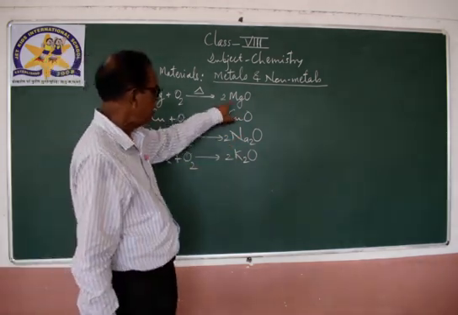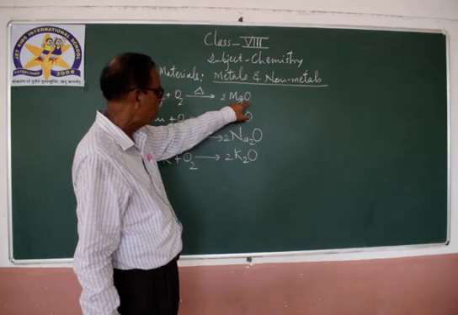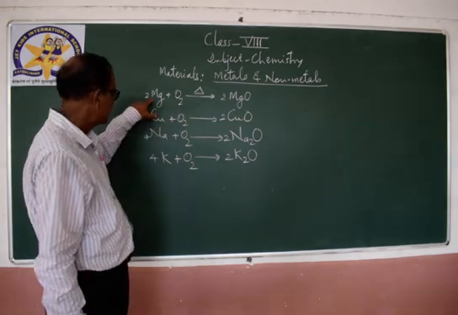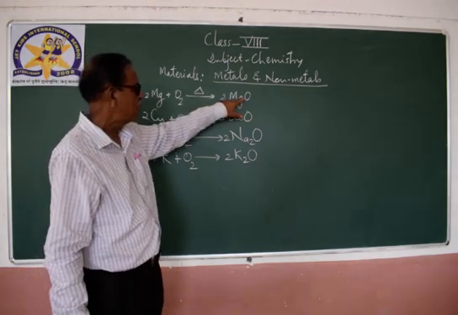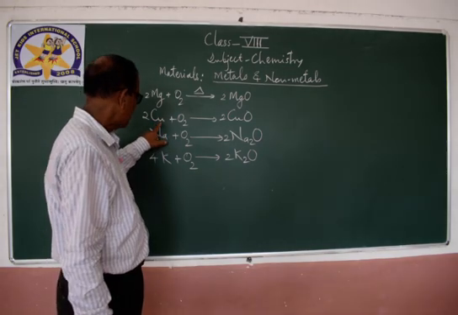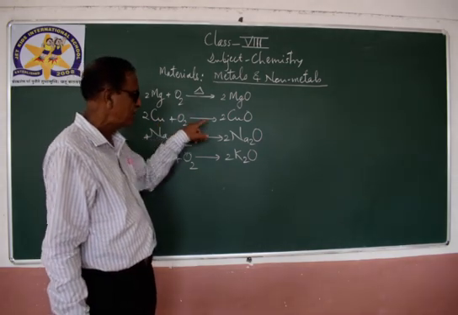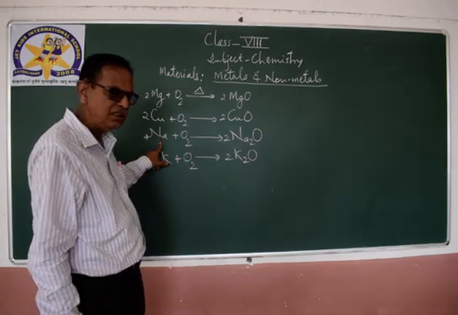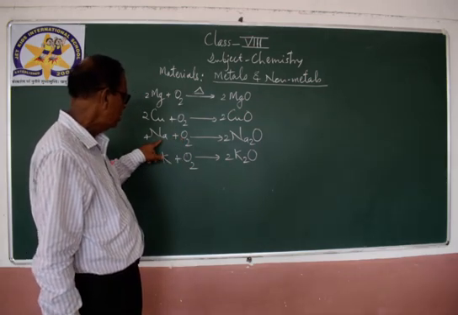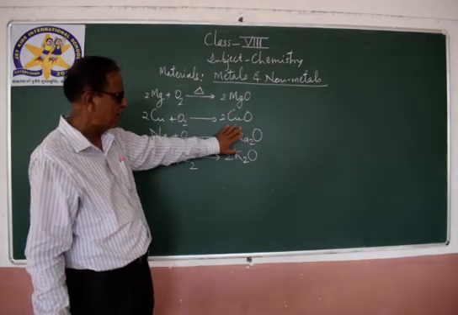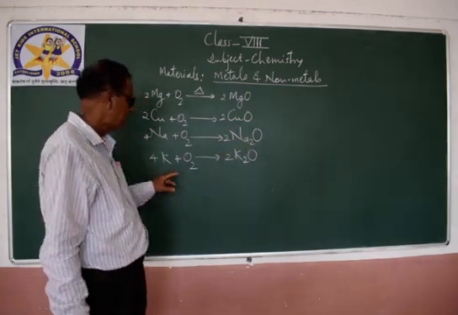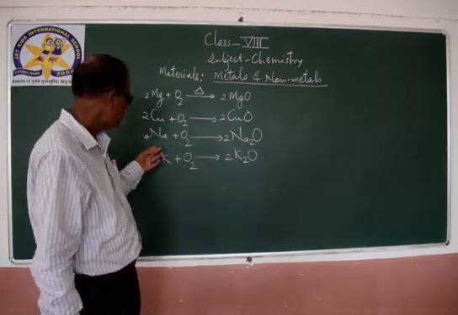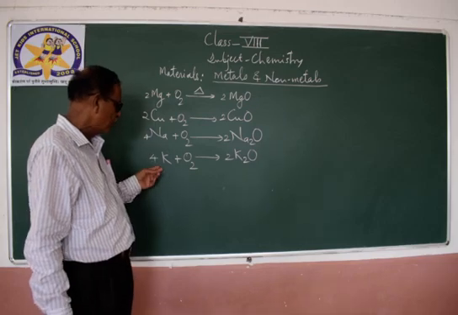The formula of magnesium oxide is MgO because the valency of oxygen is always 2 and the valency of magnesium is 2. Valency of copper 2, valency of oxygen 2, CuO. The valency of sodium is 1 and of oxygen is 2, therefore 2 sodium atoms combine with 1 oxygen atom to form Na2O. But for balancing purposes, we have written 4Na, 4K.